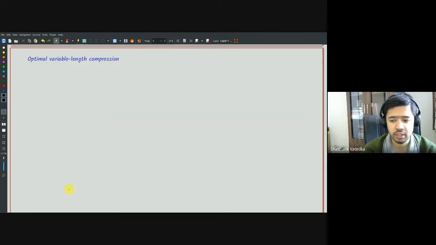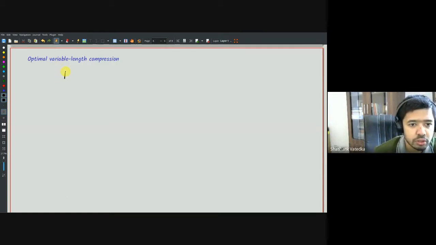Now let's assume that we don't really care about computational complexity. You have all the computational power in the world, and you know what the statistics are.